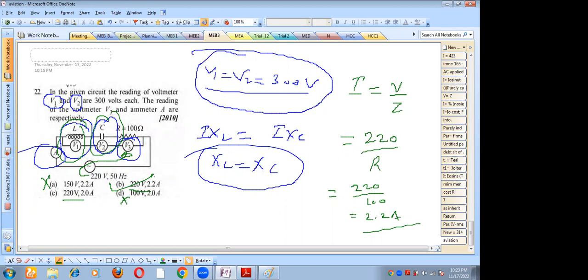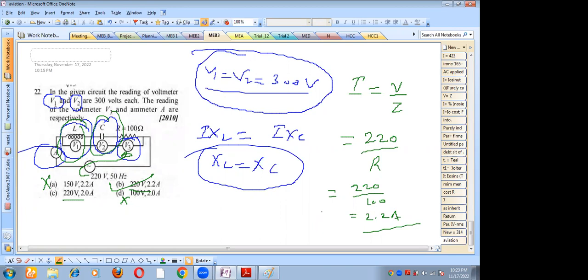Any doubt? In such questions, this is the only way to do it. Otherwise, if you go into calculation, you will end up with no result and you have to do calculation and calculation. So you have to be very careful while identifying the given.